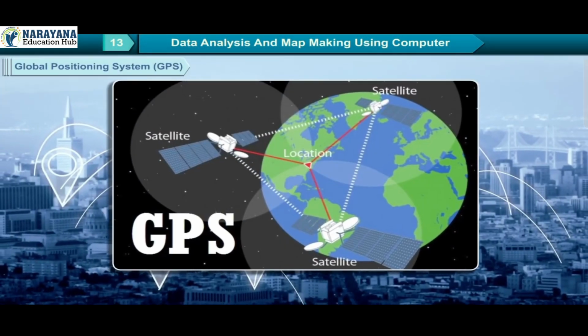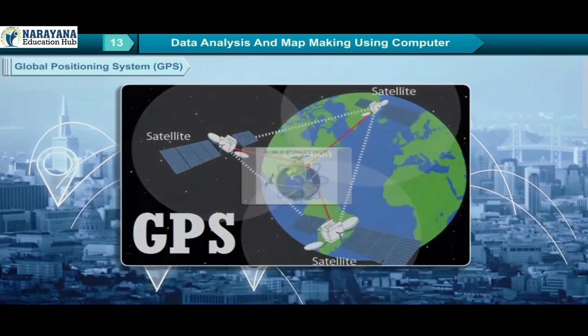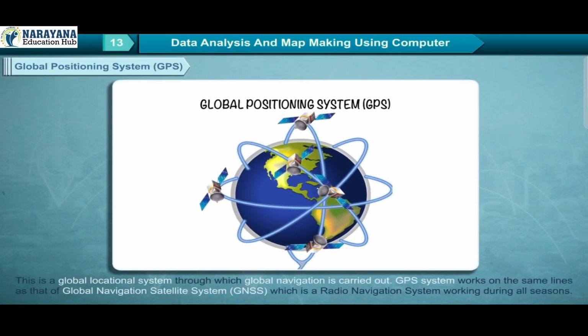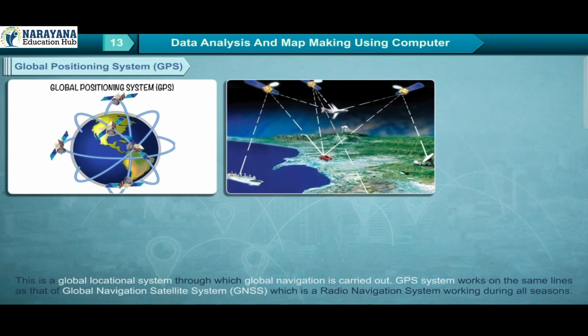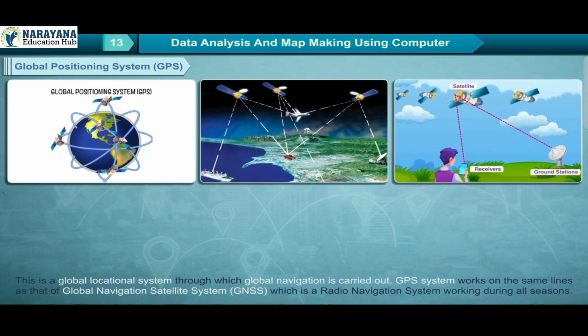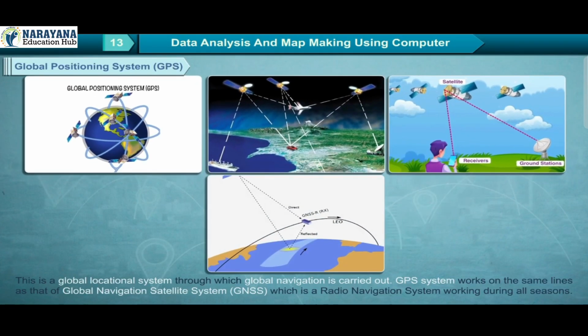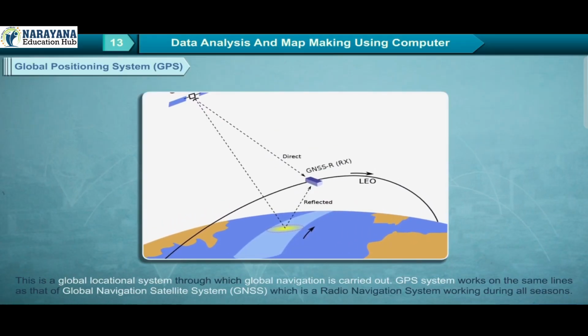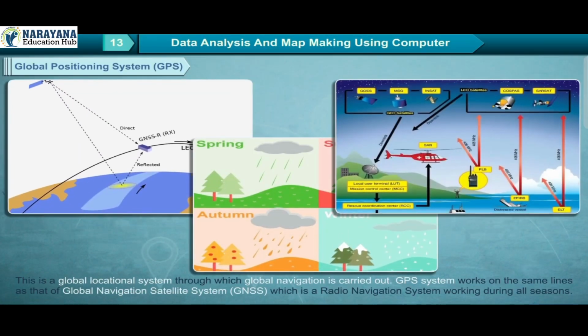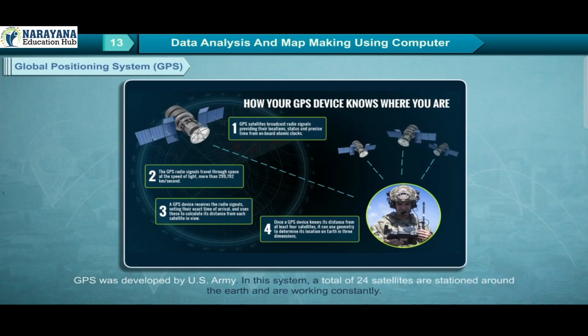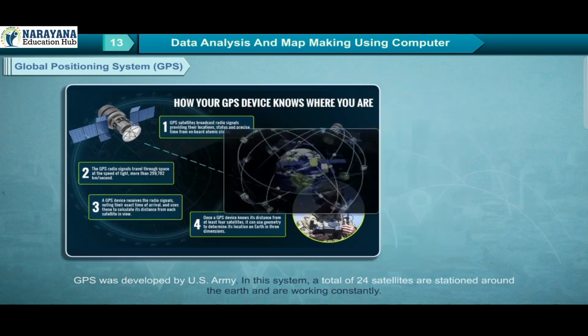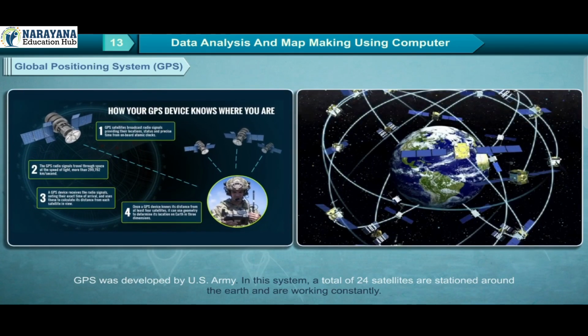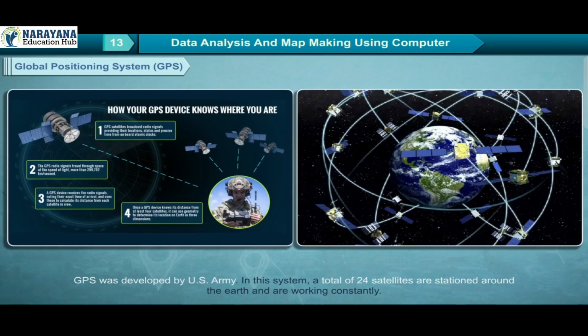Global Positioning System, that is GPS. This is a global locational system through which global navigation is carried out. GPS system works on the same lines as that of Global Navigation Satellite System, that is GNSS, which is a radio navigation system working during all seasons. GPS was developed by the US Army. In this system, a total of 24 satellites are stationed around the Earth and are working constantly.